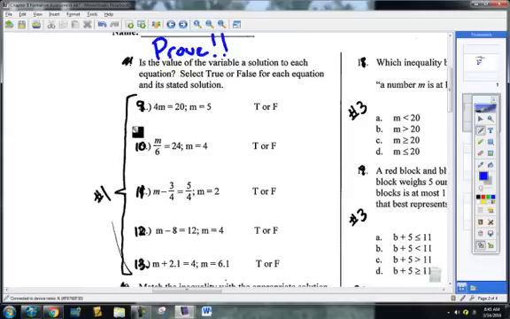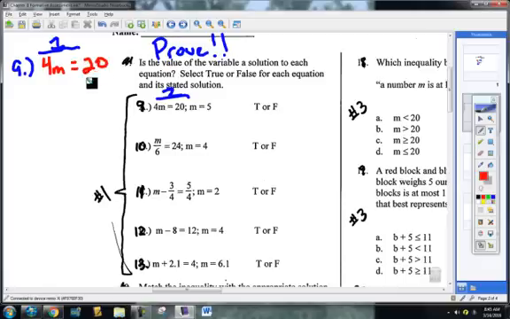So the first method, I'll take number 9 over here, and this over here will be method 1. This over here, I'll show method 2. So you can write it if you'd like. Method 1, the first way that you can do it, is you can simply solve the equation. So I'm going to rewrite the equation.